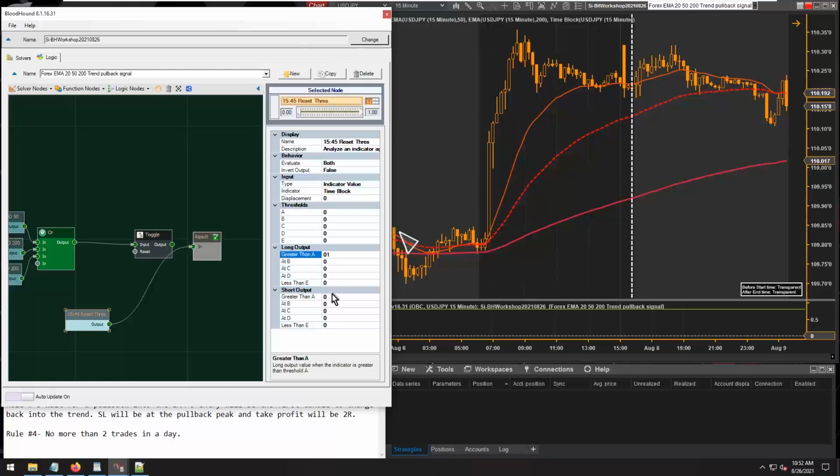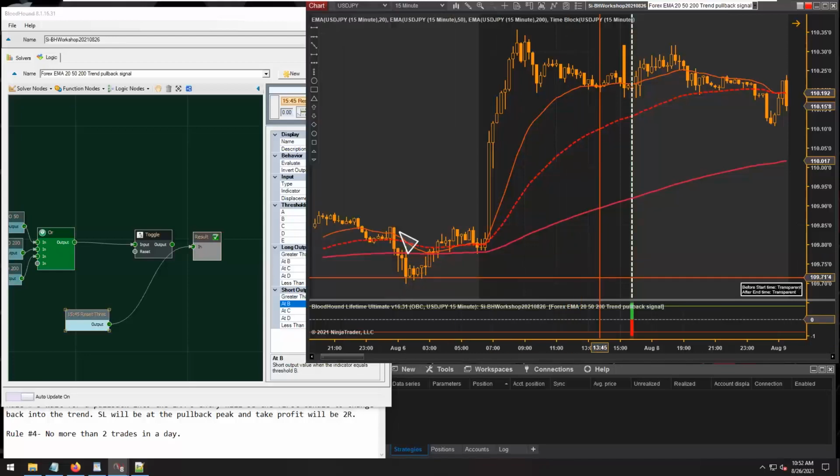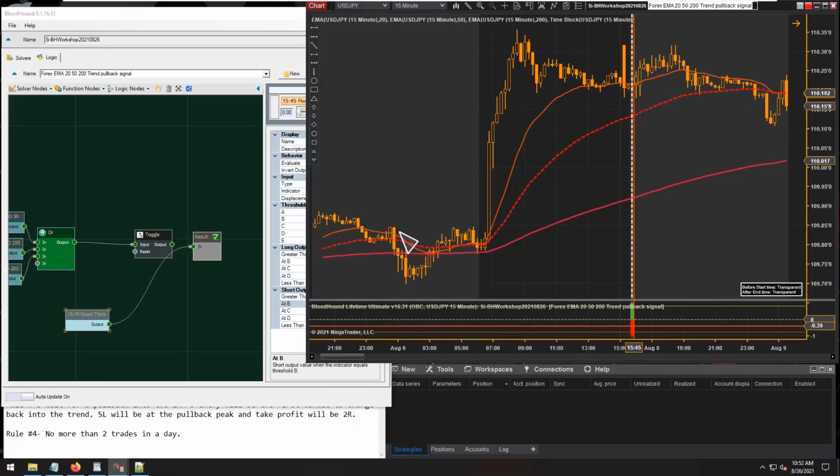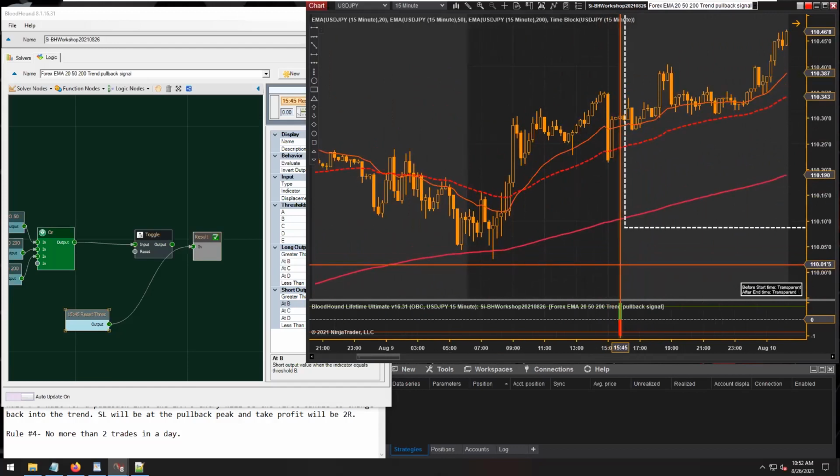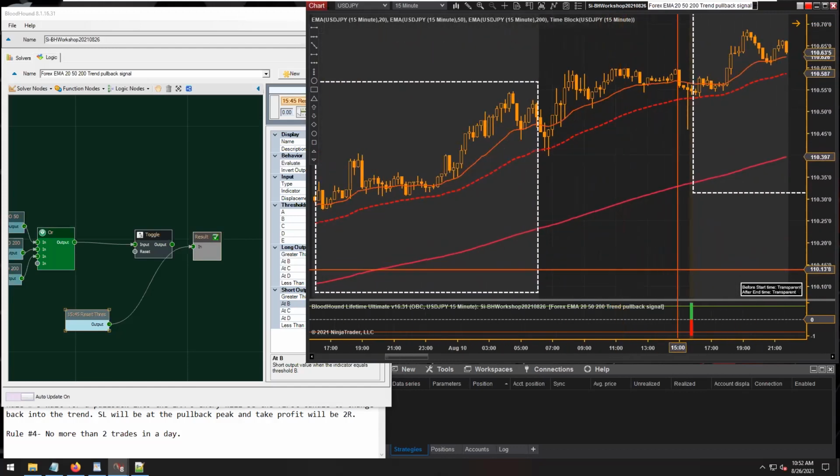So we want to generate a signal there and a short signal as well. And if you look right there, BloodHound is generating a long and a short on the bar just before the session begins. And let's scroll forward, there we go. So there is our signal.